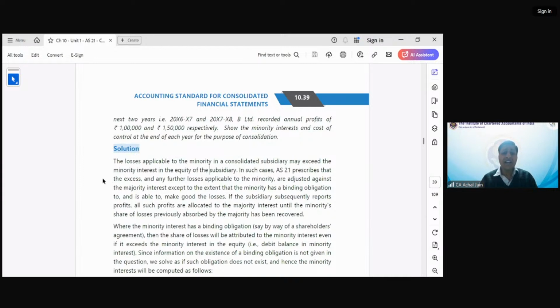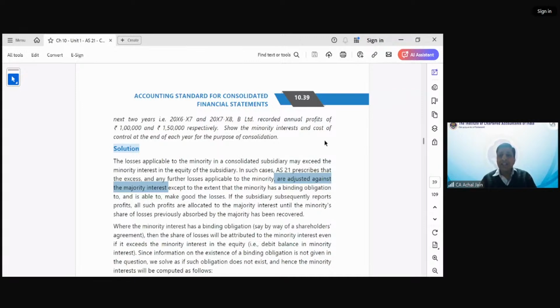To this, the standard says, if the minority has a binding obligation and is able to make good the losses, so what will you do? You will transfer that to minority. Otherwise, what will happen? Otherwise, you will adjust these against the majority interest. Majority interest means holding company.